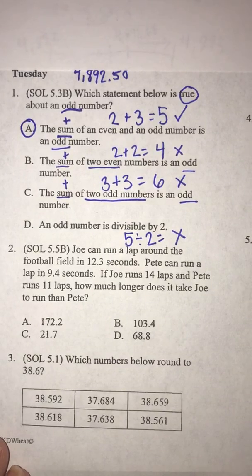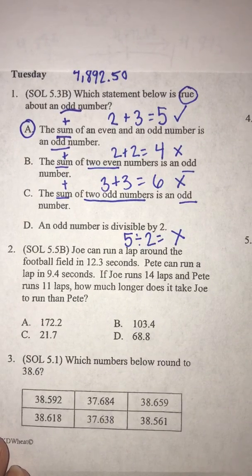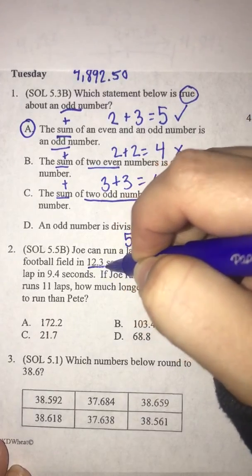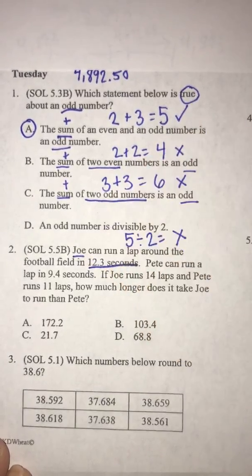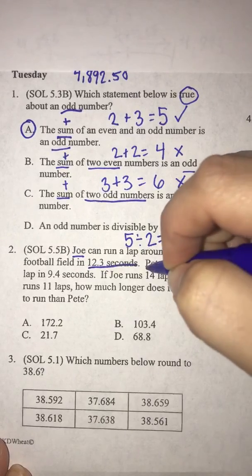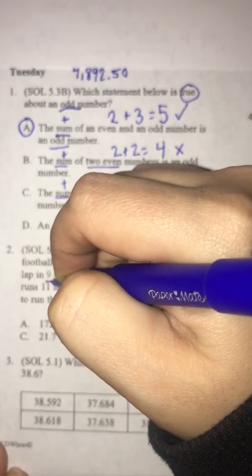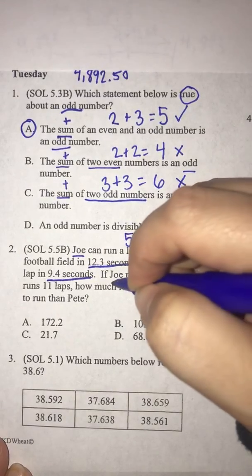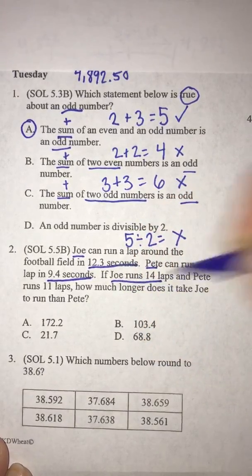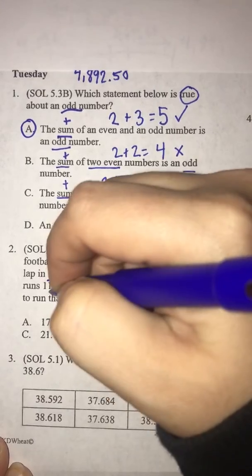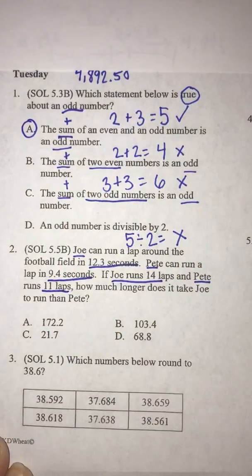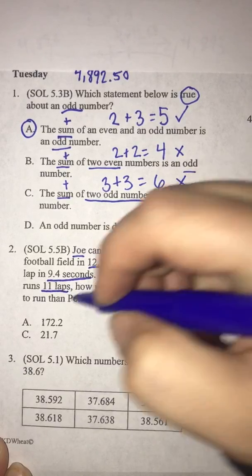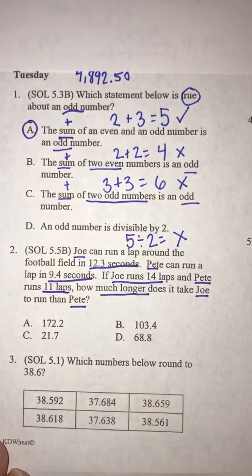Number 2 says Joe can run a lap around the football field in 12.3 seconds. Pete can run a lap in 9.4 seconds. If Joe runs 14 laps and Pete runs 11 laps, how much longer does it take Joe to run than Pete?